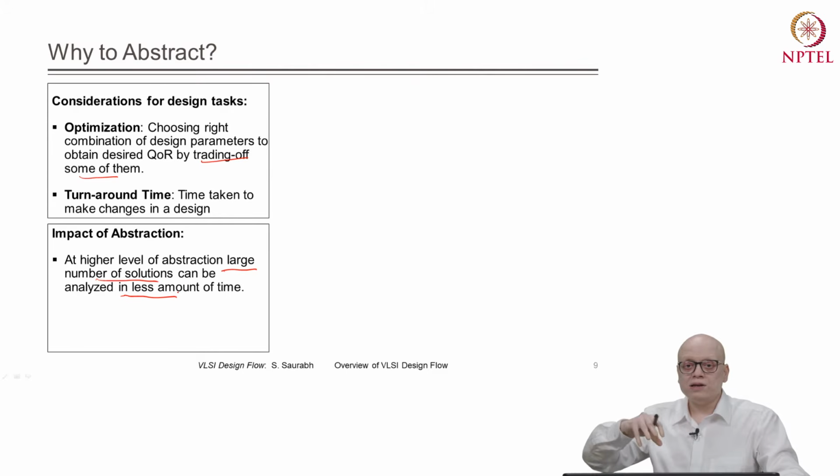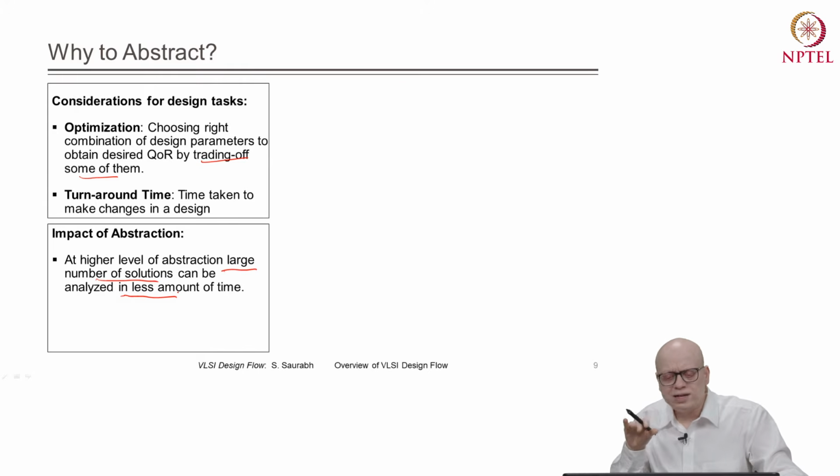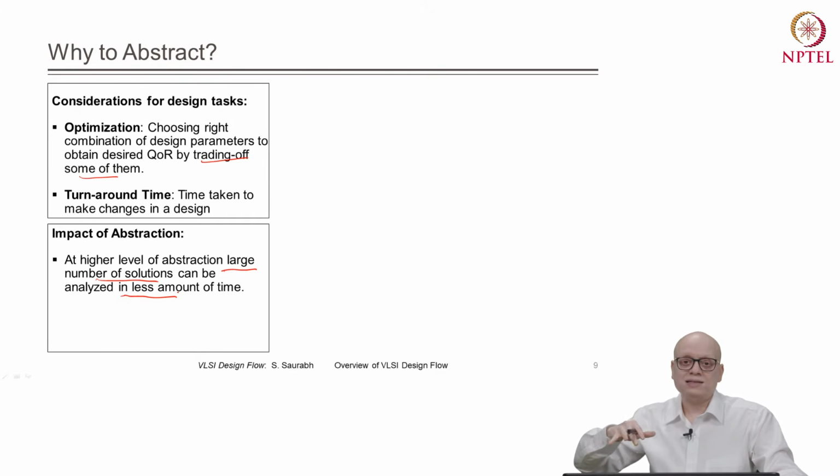When we remove details of a design, only the parts which are actually important, maybe the functionality and other things, remain, and only a few implementation details are available at the top level. So, when we keep only a few details of a design, it allows us to explore the design space more easily in terms of runtime by the tools, and also the human designer effort.